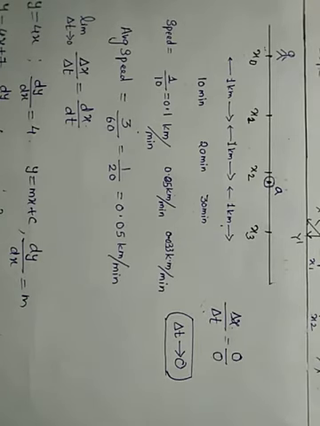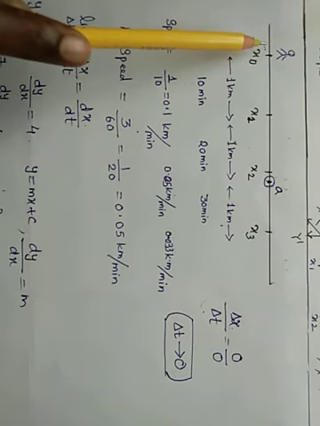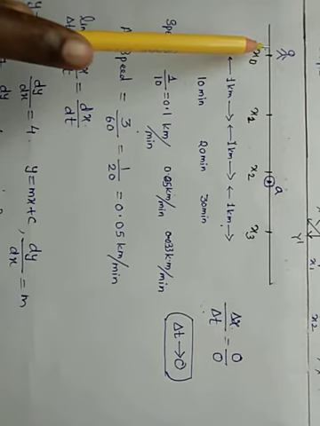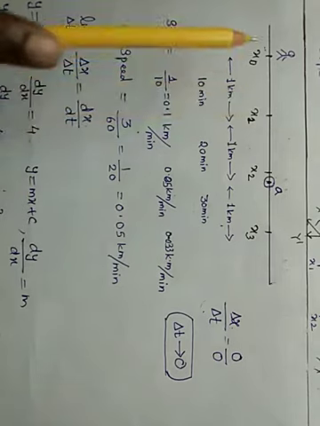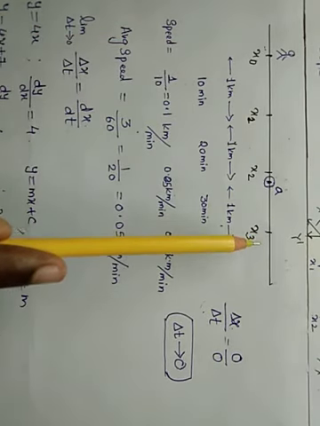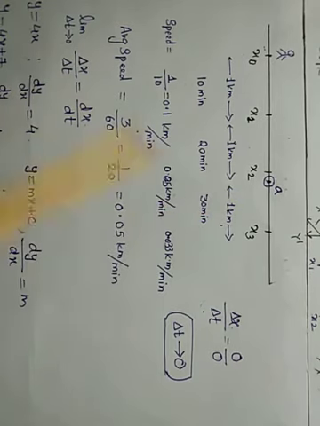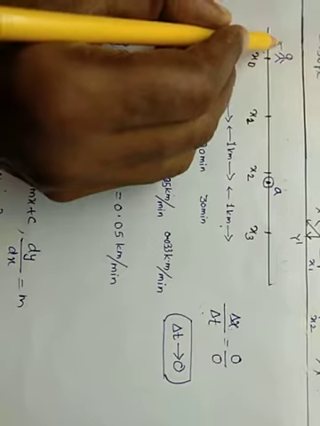Now suppose, children, this is Mr. A standing over here, and his destination is to reach point x3. Now he is standing at point x0. He wants to reach point x3. Suppose he is going by car.